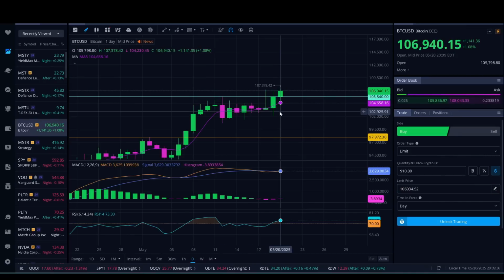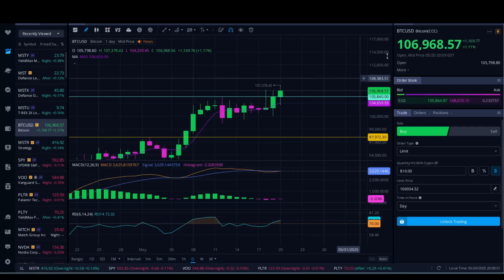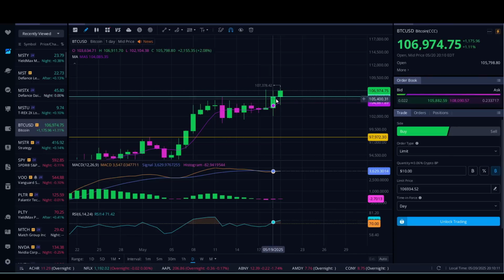And as you can see, Bitcoin did have a drop today. It dropped down to about 104,000, but then shot right back up, broke 107,000, and right now it is just teetering on that 107,000 mark right there. So Bitcoin is moving up. We are getting a little bit of a cross here. Looks like it might cross up.